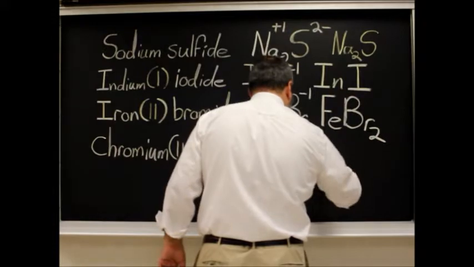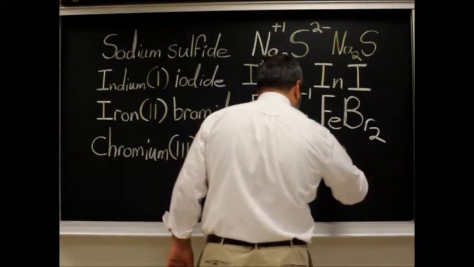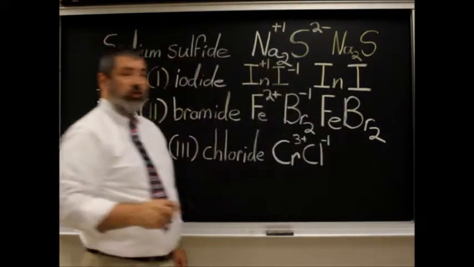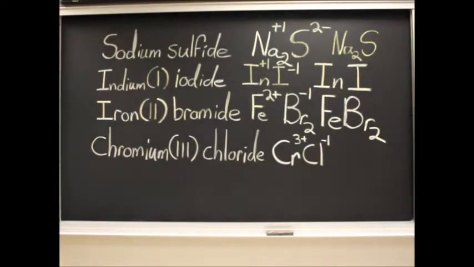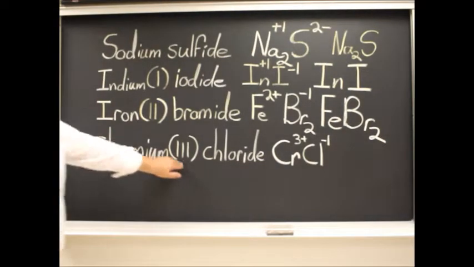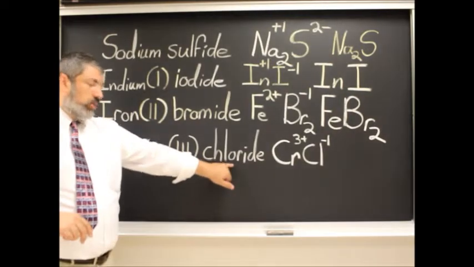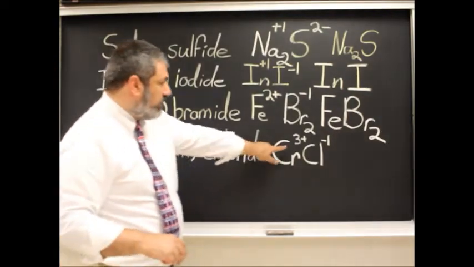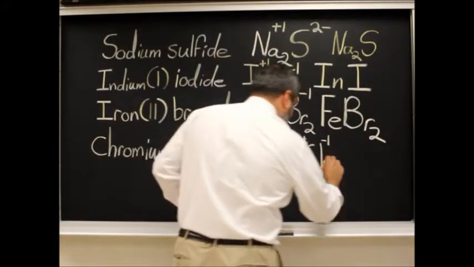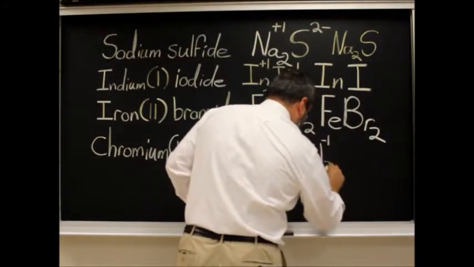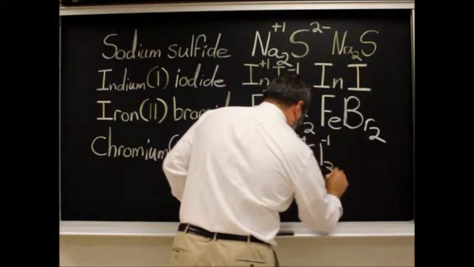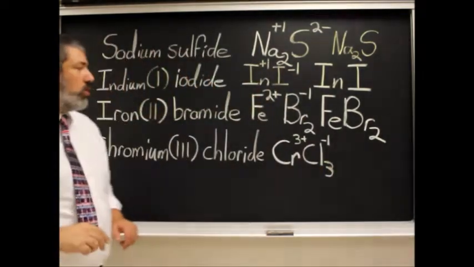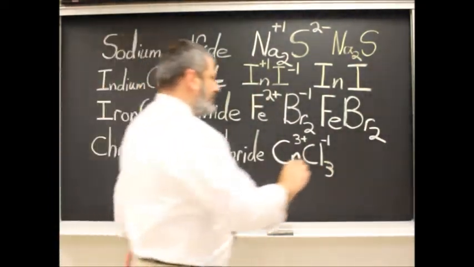Chloride is in group 17, like iodide and bromide, and so it's also going to have a -1 charge. Chloride is from chlorine. So +3, -1, we cross multiply, and we're going to have 3 chlorines to 1 chromium. So CrCl3.